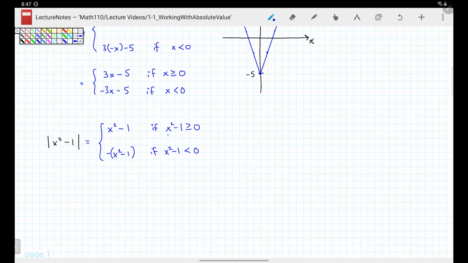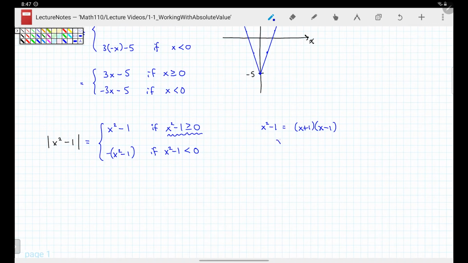Now, it is worth dissecting what causes x squared minus 1 to be positive or negative. There are all different ways you can break this down. X squared minus 1 is the same as x plus 1 times x minus 1. And so you could say there are two breaking points for this thing.